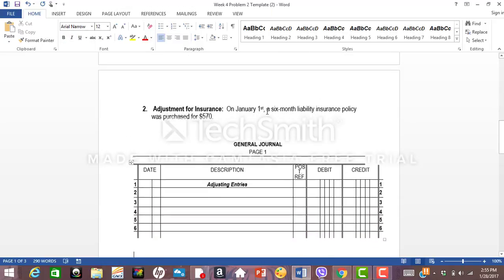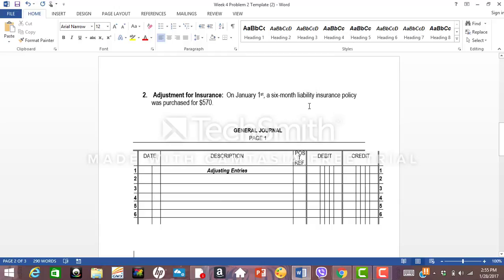All right, then the next question says, on January 1st, the 6-month liability insurance policy was purchased for $570. So technically, this was on January 1st, so I'm going to do January 1st. It says a 6-month liability insurance policy was purchased for $570, meaning that the adjustment for insurance.